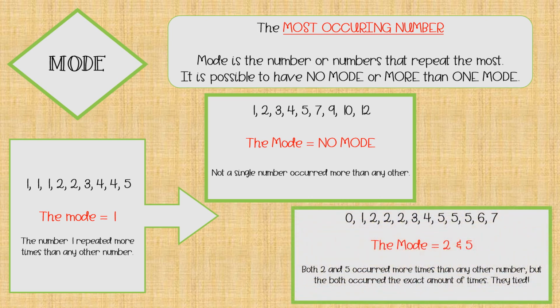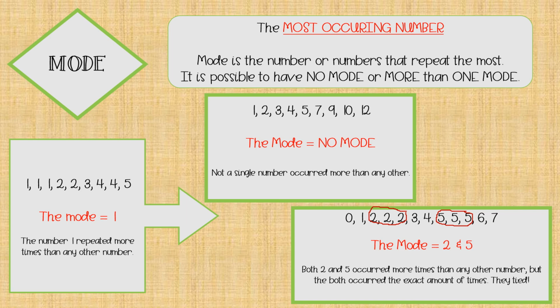In the last example, I have 0, 1, 2, 2, 2, 3, 4, 5, 5, 5, 6, 7. Here, the number 2 occurred 3 times, so he repeated a lot, and the number 5 occurred 3 times. They both occurred the exact amount of times, and they repeated more than any of the others.